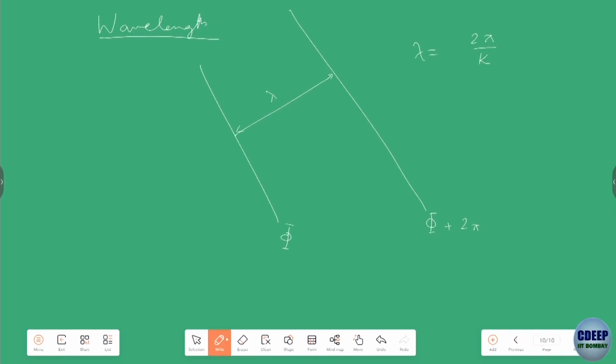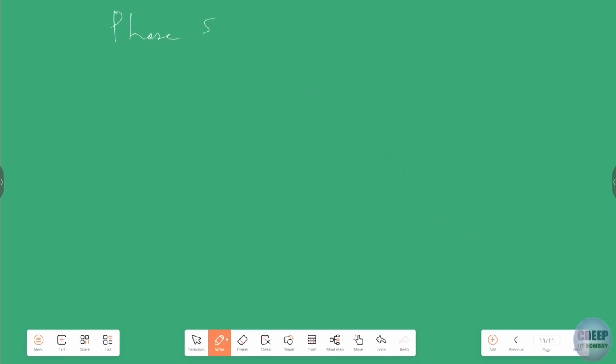So another concept is phase speed. Phase speed is time rate of motion of wave front normal to itself.